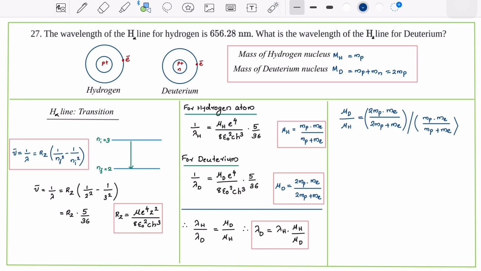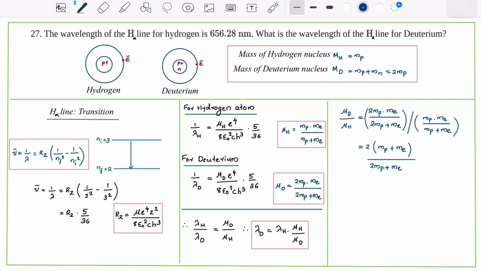Let us simplify this expression. You will get μd/μh is equal to 2 times (mass of proton plus mass of electron) divided by (2 times mass of proton plus mass of electron).